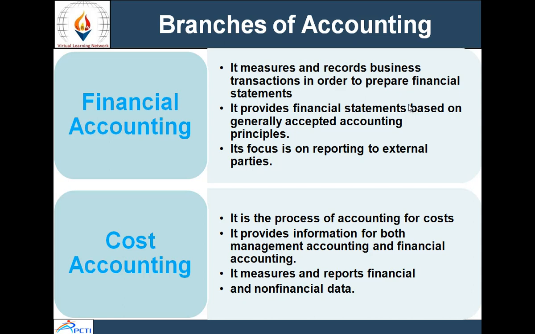B, the financial position of the business as at the end of the accounting period can be ascertained. And C, the financial information required by the management and other interested parties can be provided. Financial accounting is mainly confined to the preparation of financial statements and their communication to the interested parties.